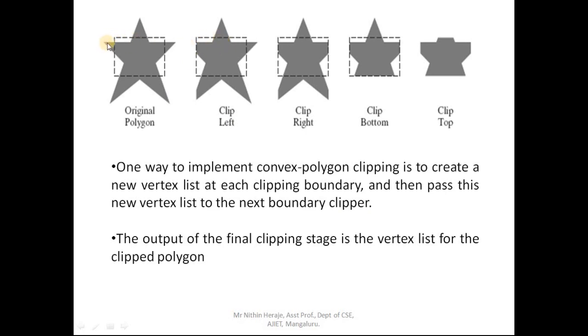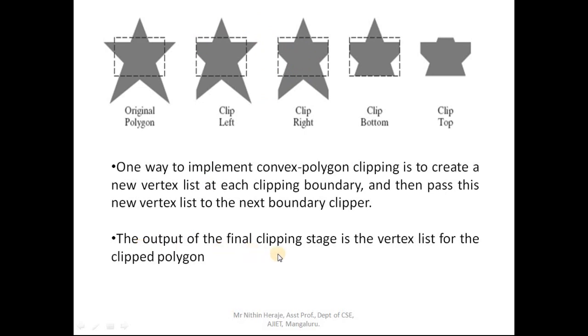Here there was only one vertex. After clipping you will get two vertices, one over here and the next one at this point. So this will be a two-vertex list which needs to be passed to the next clipping level.